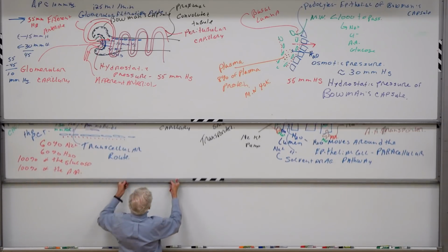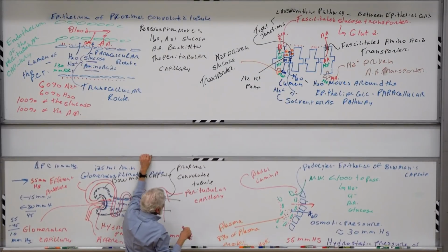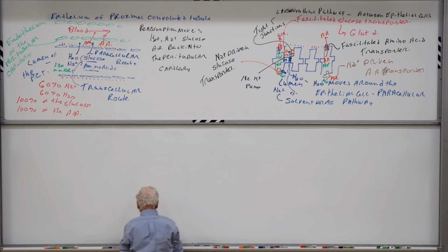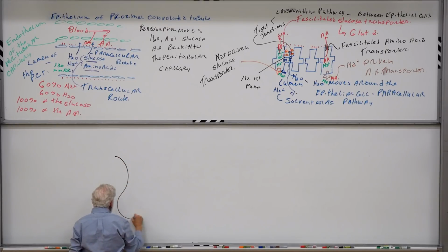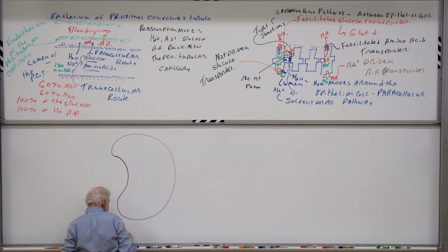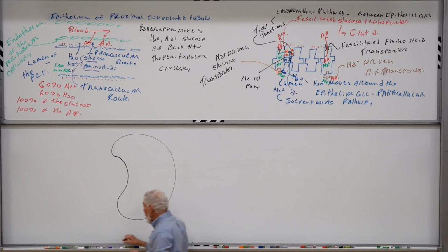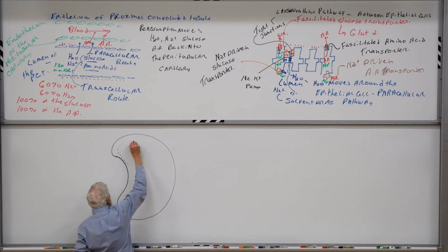Let's take this now and try to put this in context. I'm going to put this on the backboard. And we did this yesterday, but I think it's worth laying this out again. So this is meant to be the structure of the kidney. We divided the structure of the kidney into the region called the renal cortex.